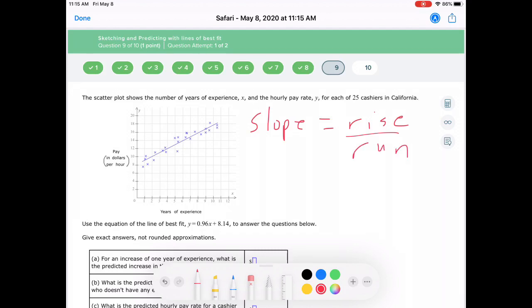And let's think about rise deals with the y's and run deals with the x's. Let's talk about what the y's and the x's mean here. So the rise or the y's are pay, obviously, in dollars, and the run or the x's are the years of experience. So basically, how much is the pay changing per year? And that's what this question is asking about here.